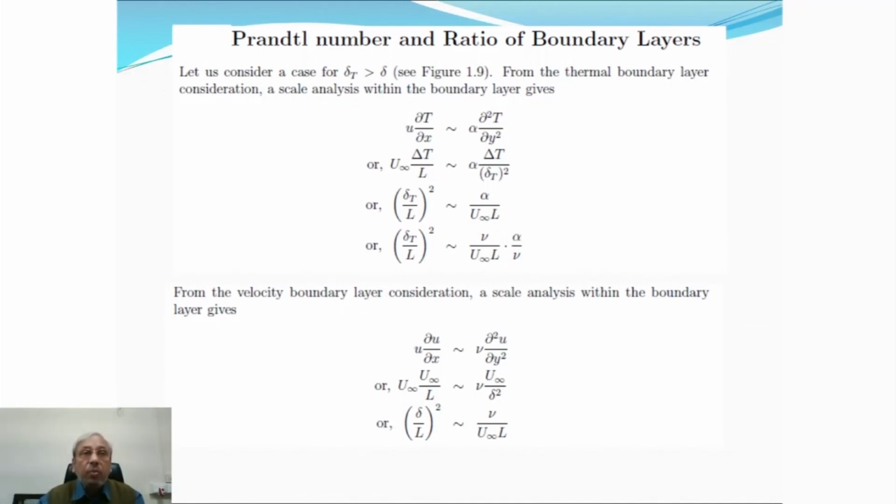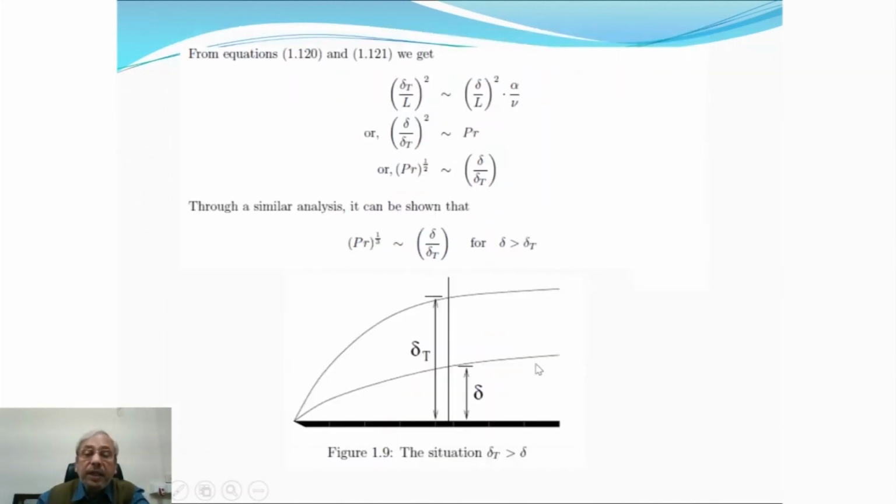But what is the mechanistic viewpoint by which we can relate the velocity boundary layer and temperature boundary layer with the Prandtl number? Now let us consider a case where flow is taking place over a heated plate, boundary layers have been formed, and this is delta T, the thermal boundary layer, and this is delta, the velocity boundary layer.